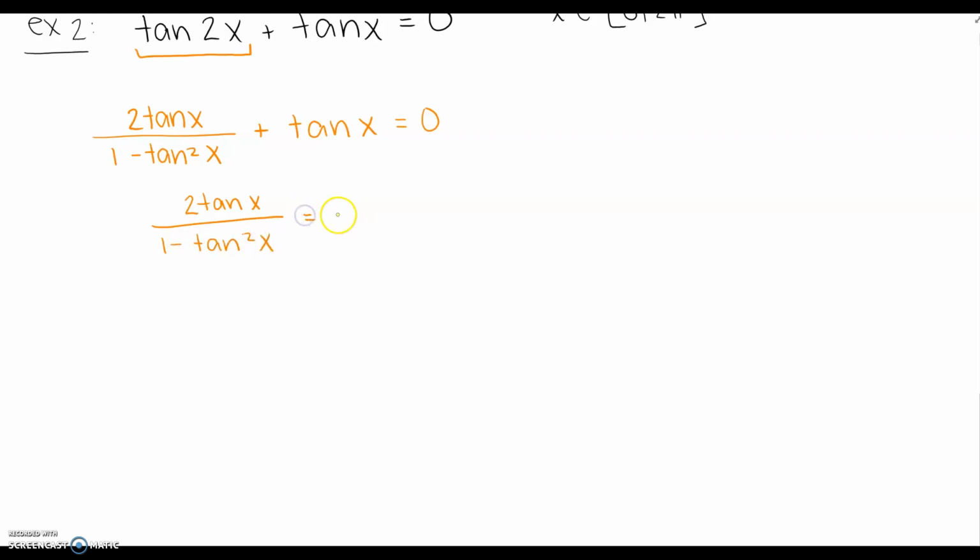And that actually is first subtracting that tangent of x. So yes, we want it to equal 0 eventually so that we can solve. But if we do it this way, we can kind of be sneaky and just get rid of the denominator by multiplying both sides by the denominator. And then foiling.